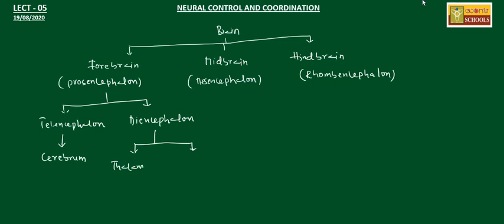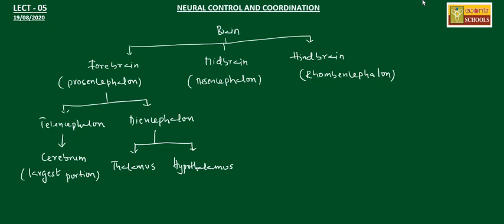So these are two regions that come under diencephalon. So cerebrum is the one which occupies the largest portion of the total brain, right?